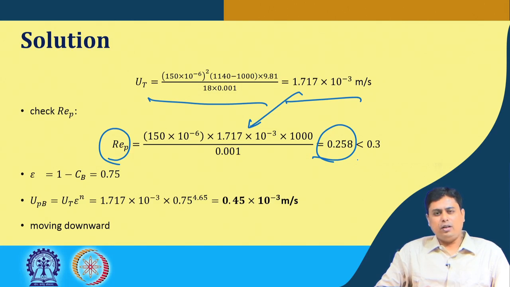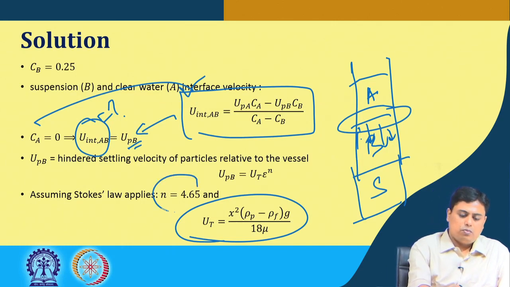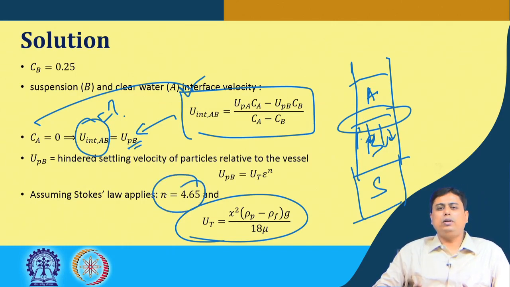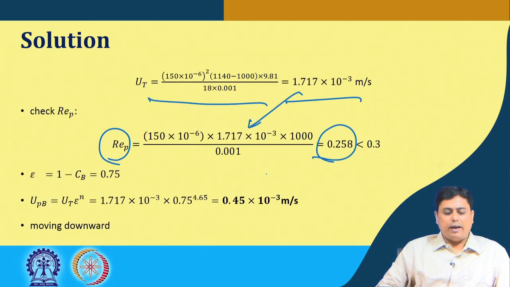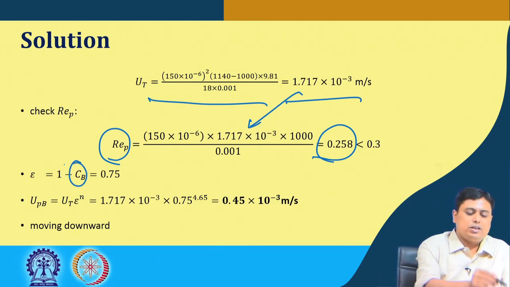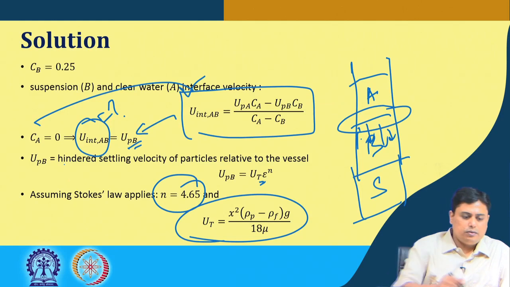So, we can apply Stokes law here, and therefore we can use the value of n as 4.65 to calculate the hindered settling velocity. Now, here epsilon is 1 minus the concentration of the solids, because this is the initial concentration, which is 0.25.